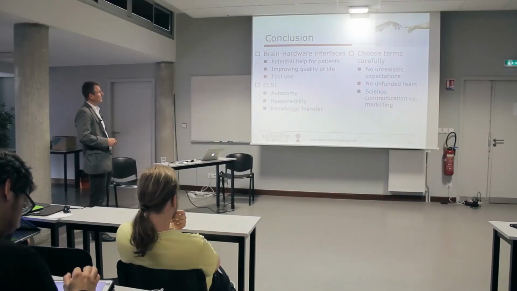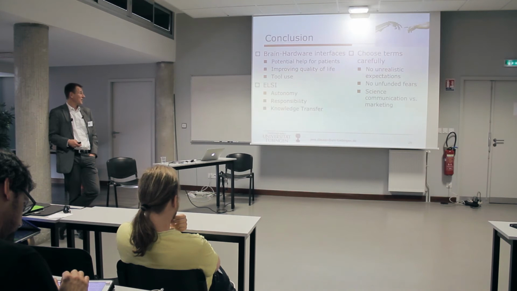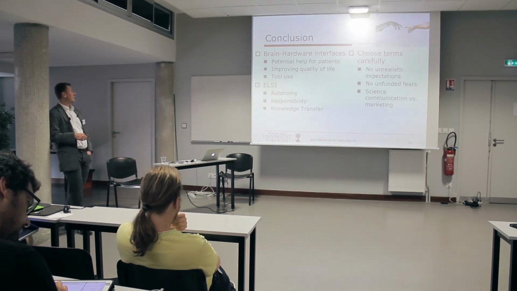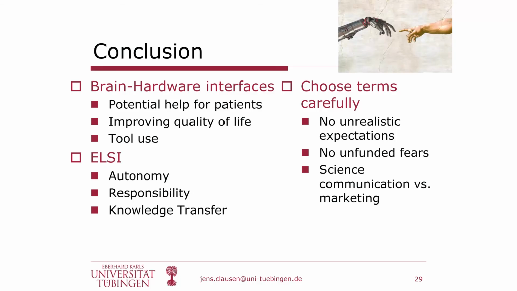And I think the best way to look at these devices is as tools. The ethical, legal, and social implications, I focused on autonomy and responsibility and the questions of knowledge transfer. And therefore, we need to choose terms carefully, not to raise unrealistic expectations or unfounded fears.